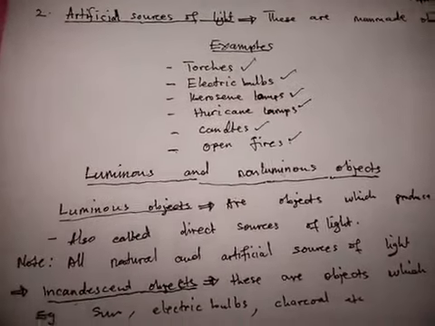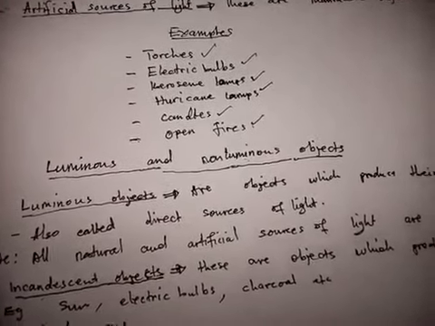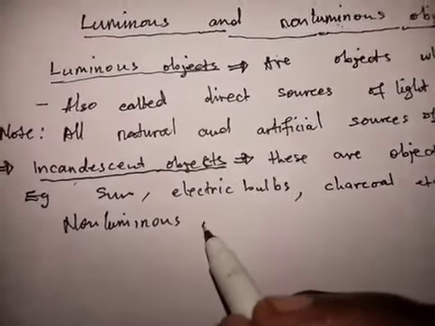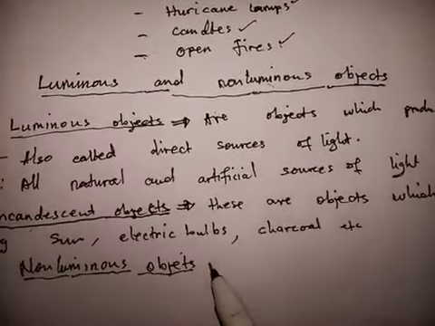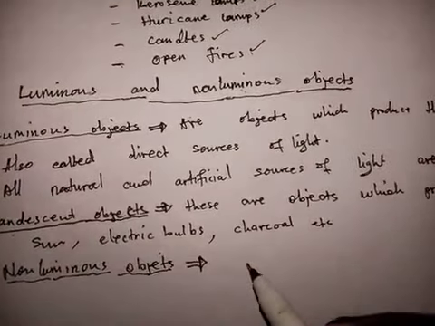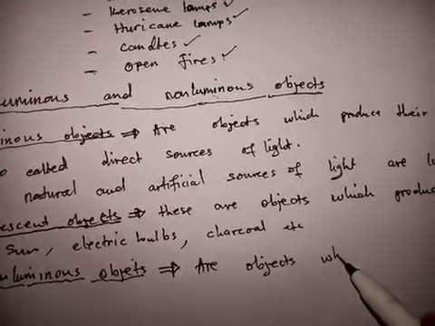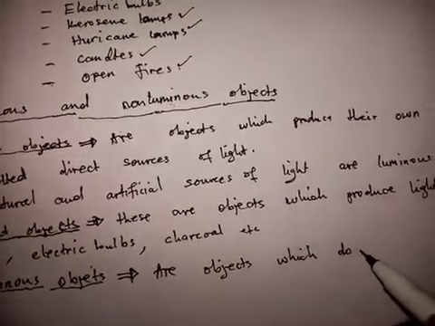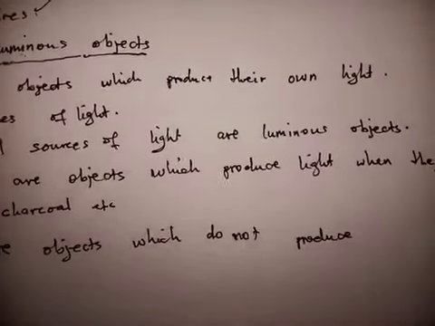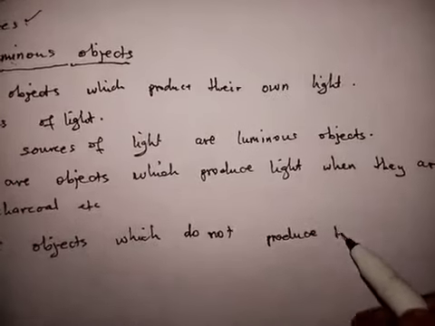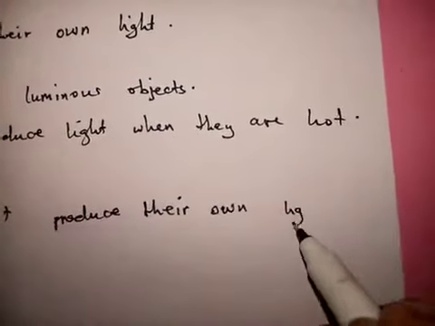So now we go to non-luminous objects. Non-luminous objects are objects which do not produce, you can say produce or emit or give out, their own light.